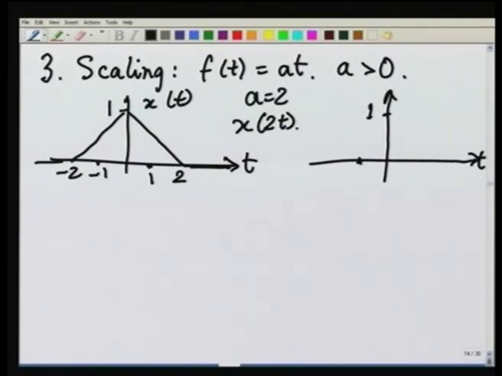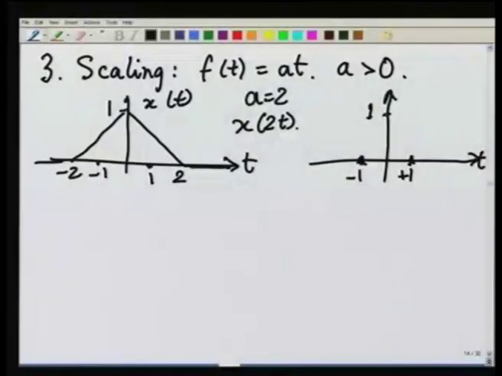So, this is the second salient point, this is the first salient point, now placed at plus 1, this placed at minus 1, shifted from their earlier places of minus 2 and plus 2. The salient point at 0, where its slope changes from positive to negative, now becomes the point 2t equal to 0. So, it remains in the same place, t equal to 0.